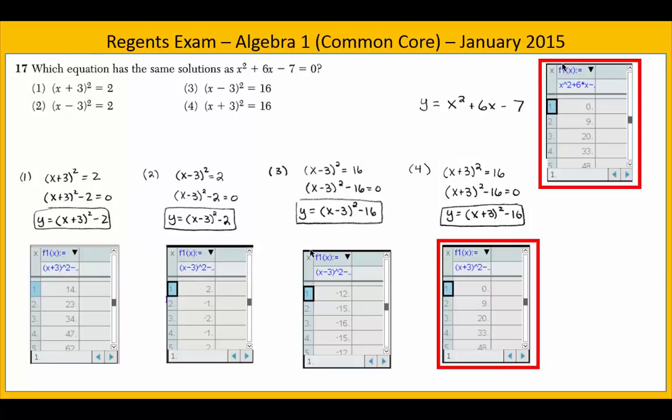Because they have the same input and output table, the equations must be equivalent, and therefore they must have the same solutions. Again, choice 4 is the answer. One other option would be to take each of the choices, multiply them out, and try to make them look like x squared plus 6x minus 7 equals 0. If you were to do that, you would find that choice 4, once again, was the solution, and therefore it has the same solution as the original equation.